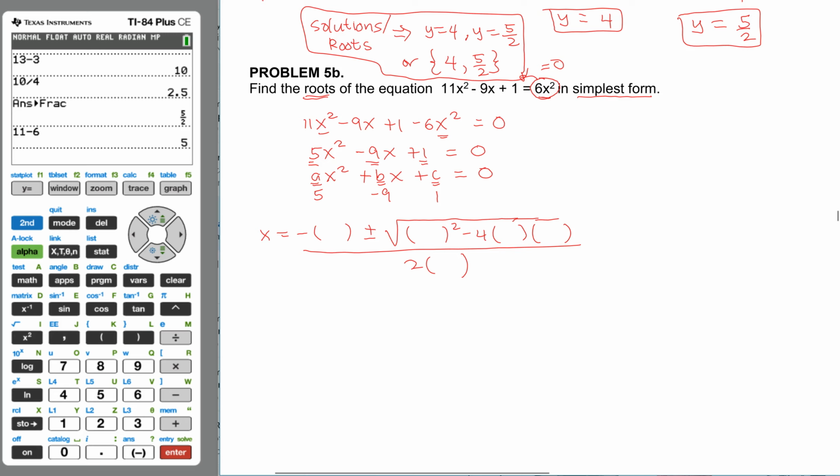I'll again write the letters here just to remind yourself. This is negative b, this is b, this is a, this is c, and this one is your a value. And you just plug in the numbers. So you have b is negative 9, this is negative 9, a is 5, and c is 1, a is 5.